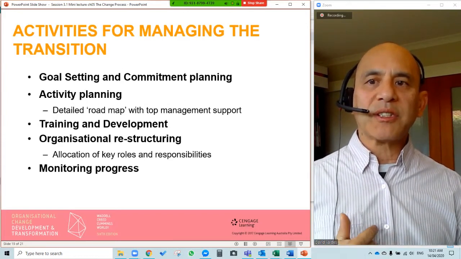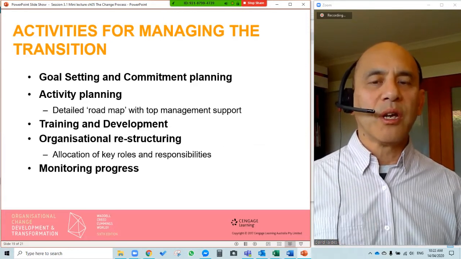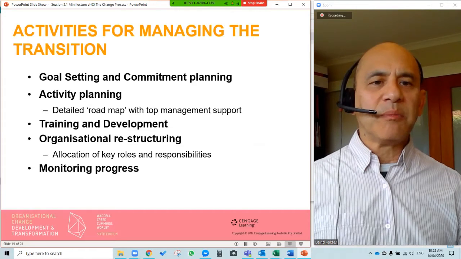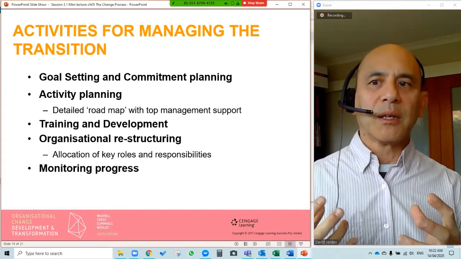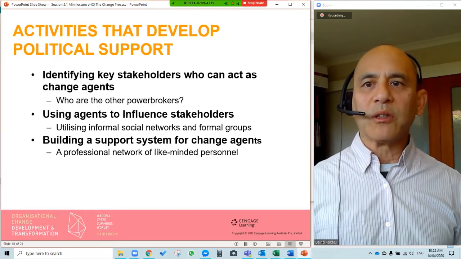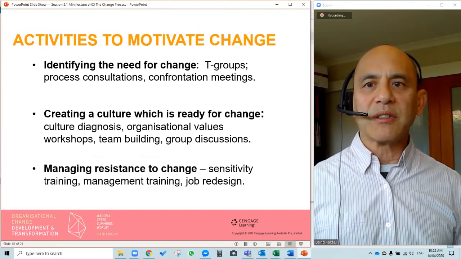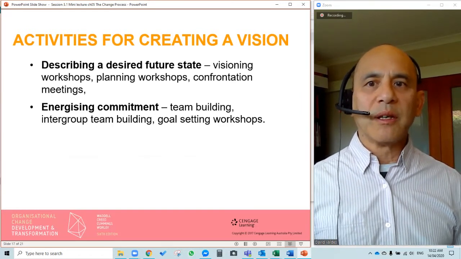So the next stage is activities that manage the change transition. You'll notice, by the way, that this basically follows Lewin's original model. The unfreeze part of Lewin's model would be activities that motivate change and creating that vision.